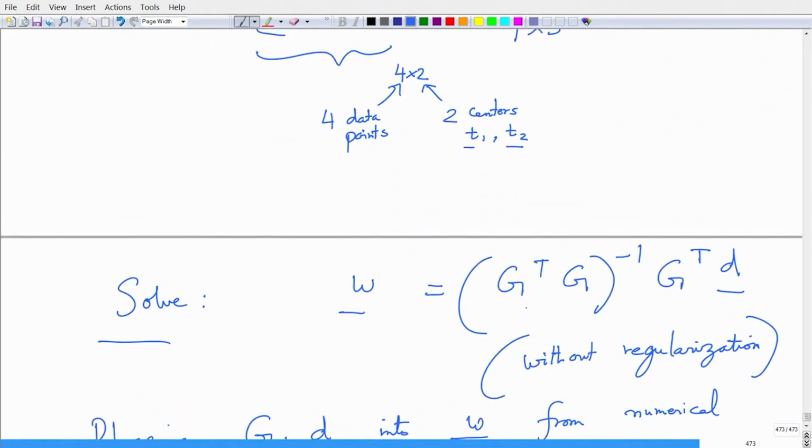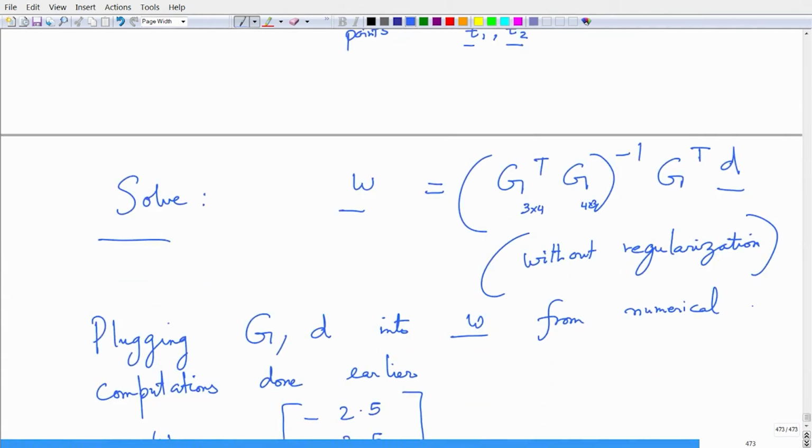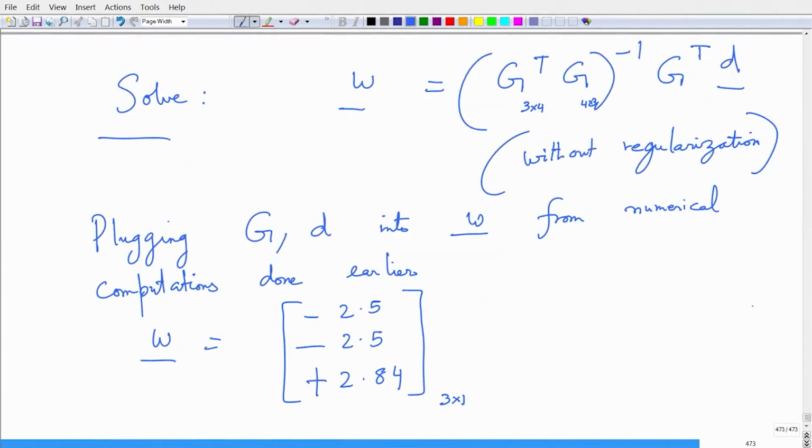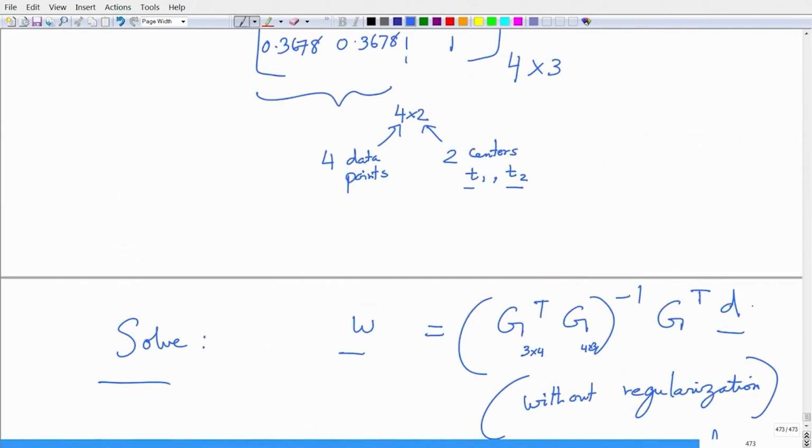G transpose is 3 by 4 and G is 4 by 3. So you will end up with a 3 by 3 times a 3 by 4 times 4 by 1, which is going to be your 3 by 1 vector, which is what you have for W. So now this is our network, right.